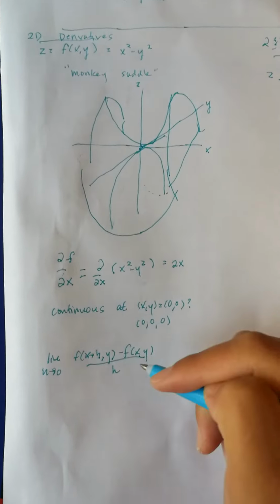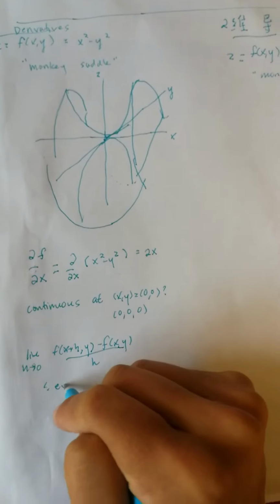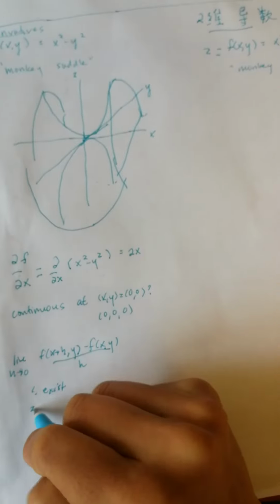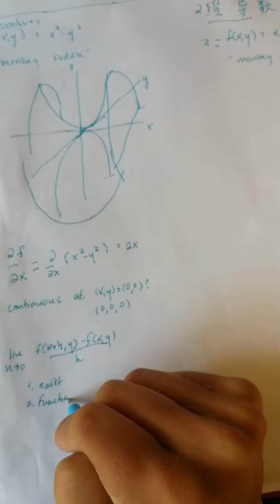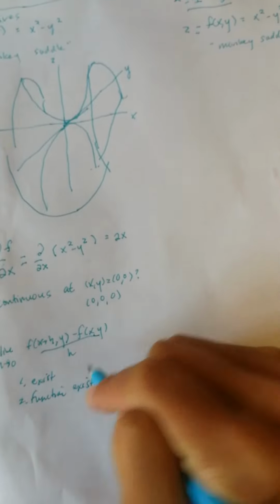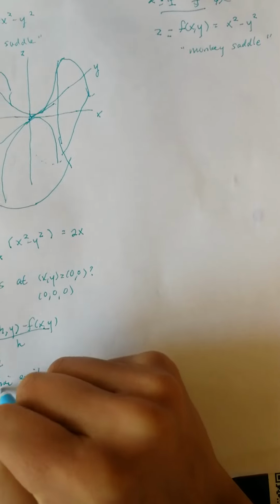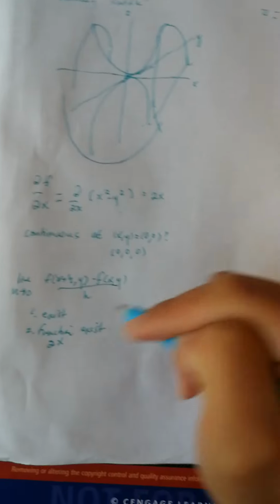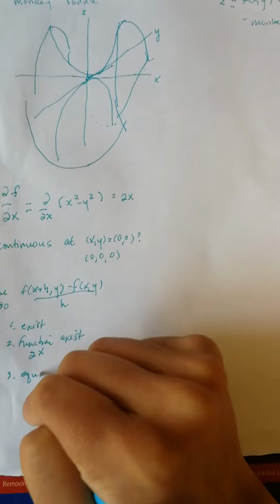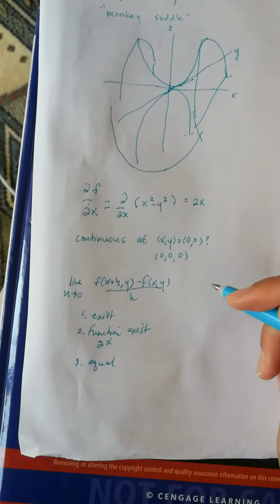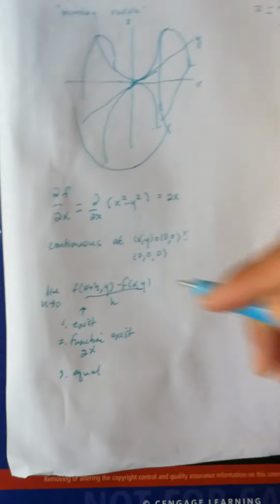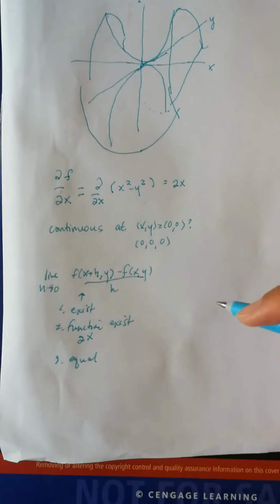Remember it has to exist, and the function exists. In this case, the function is 2x. And then they have to be equal.